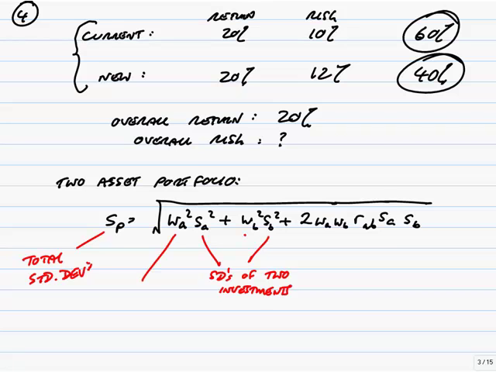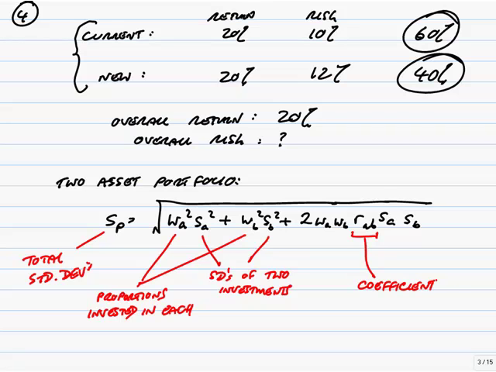WA and WB are the proportions invested in each. And finally, RAB is the coefficient of correlation between the two investments.